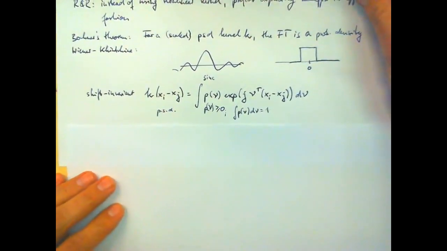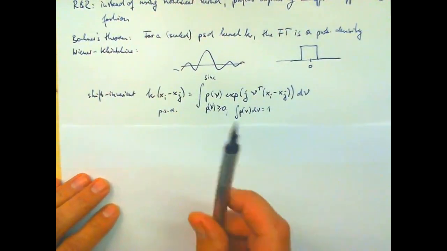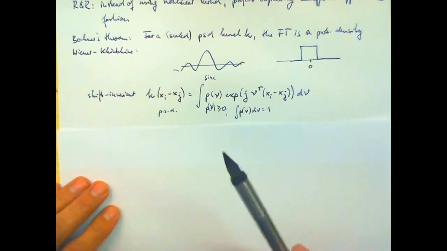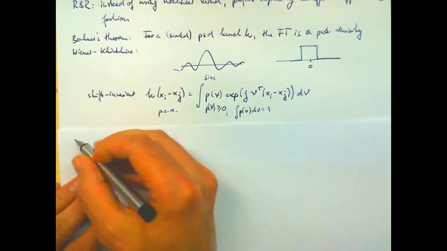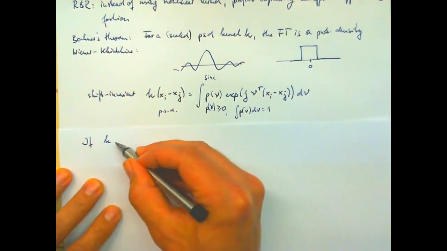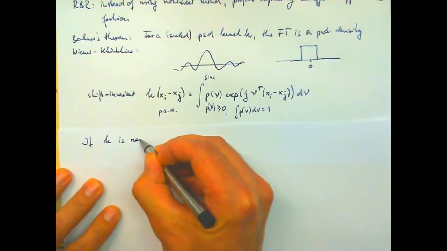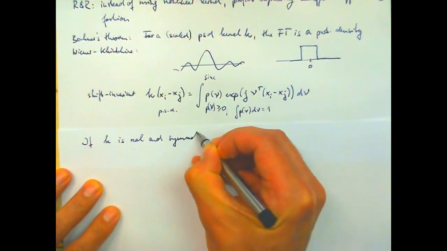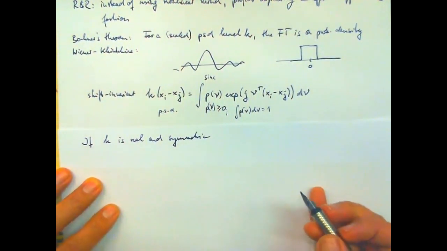Now, the kernels that we work with are typically real and symmetric, and if the kernel that I'm interested in is real and symmetric, then I can simply use the cosine transform instead of the Fourier transform.